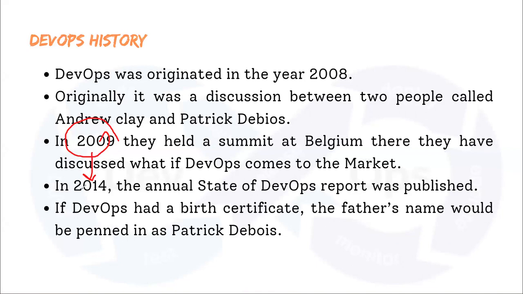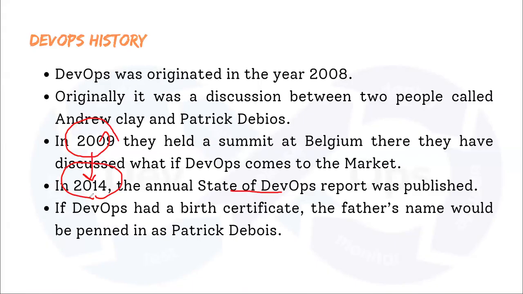This annual State of DevOps report in 2014 made a revolution in the DevOps industry. From then till now, it is exactly 10 years. It is 2024, right? Exactly 10 years ago, due to this single report, the fate of the application changed completely.